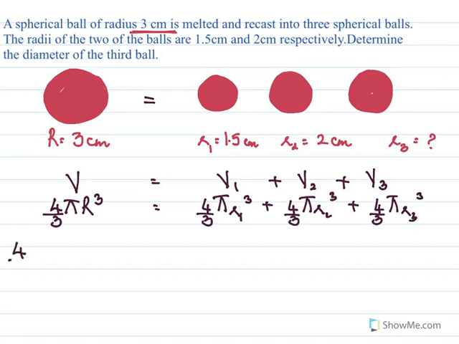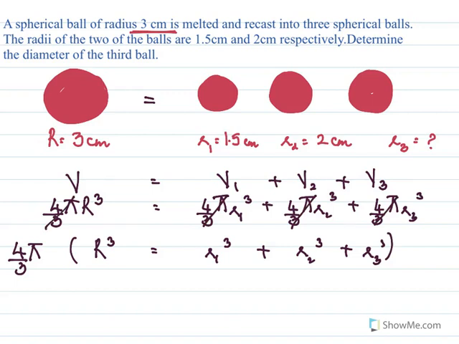We will take 4 by 3 pi common out. What remains inside is r cube. This is r1 cube plus r2 cube plus r3 cube. So we have taken this 4 by 3 pi common out.